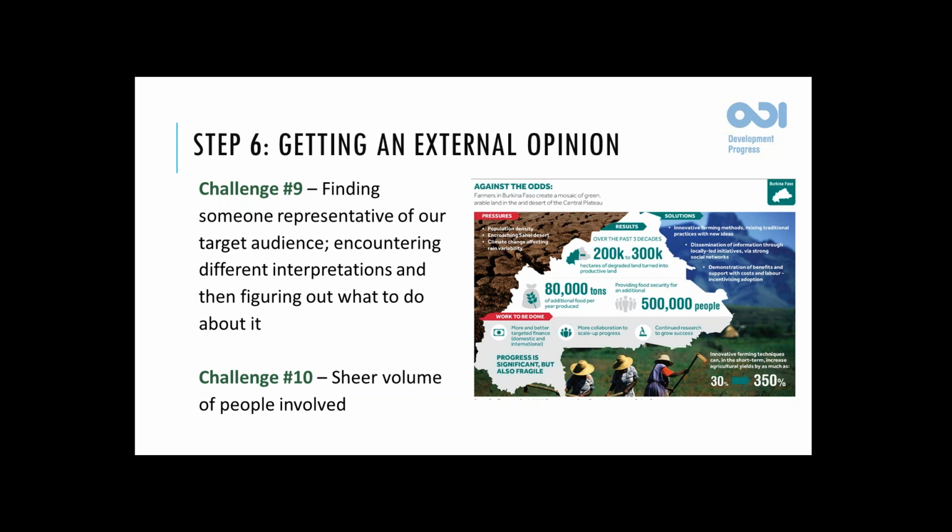Although it can also leave you with a challenge of what you do if you encounter different interpretations of the infographic, given that you've invested a lot of time and money to date in producing it. It can be hard to completely change your approach if you don't get the response that you were looking for from your target audience.